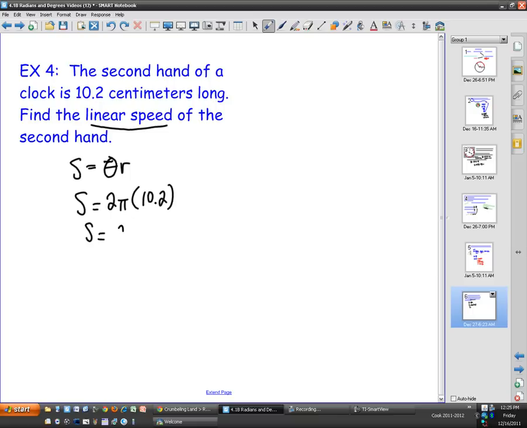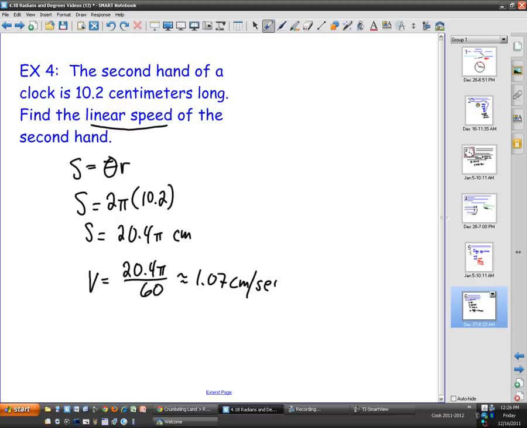So there's our arc length, and then we'd say, how long did it take for that second hand to go once around? Using our arc length, we're going to divide this by time, and so we will get v equals 20.4 pi over 60, because that's 60 seconds to go around, and so it's approximately moving at 1.07 centimeters per second. And so that's how fast the thing is going.